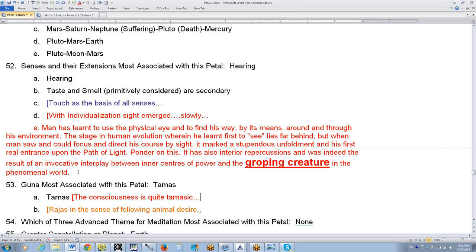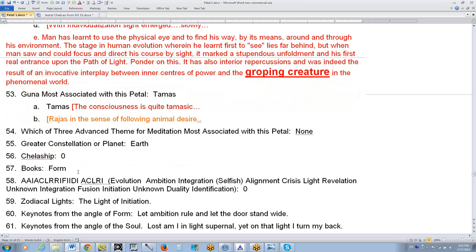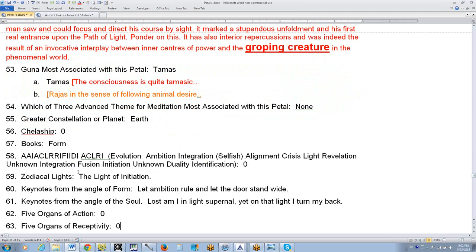So which advanced theme for meditation associated here? None at all? No. These are the categories. Greater constellation or planet? Earth. No, nothing about chailership. It is the book of form. And there's no achlary process because we're just on the path of evolution. We have not reached anything called alignment.